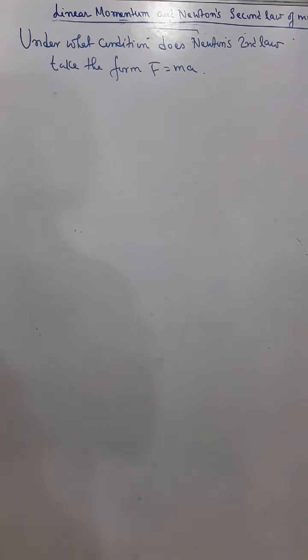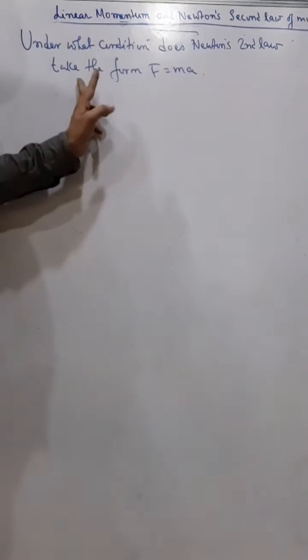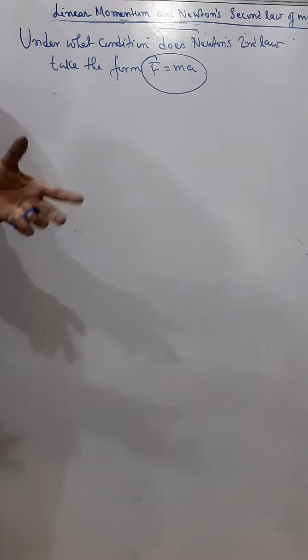Okay, now a very important thing, and it is due to this reason I have explained you that alternative method: under what condition does Newton's second law of motion take the form F equals ma? You know, Newton's second law of motion never states this. It does not state that force is equal to mass into acceleration.